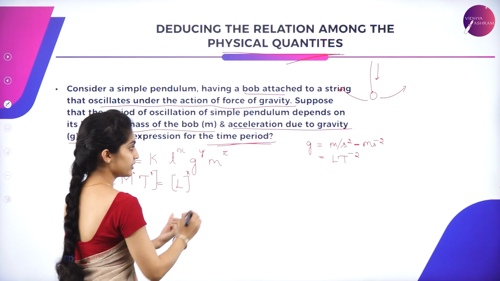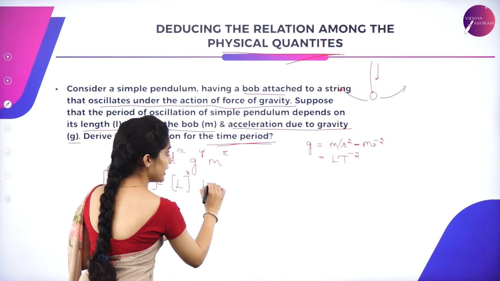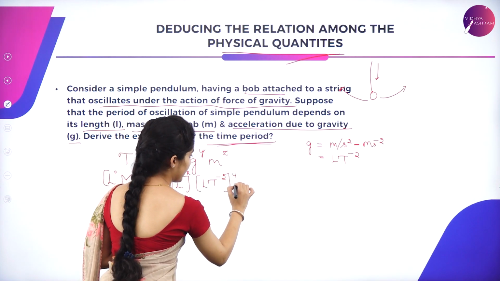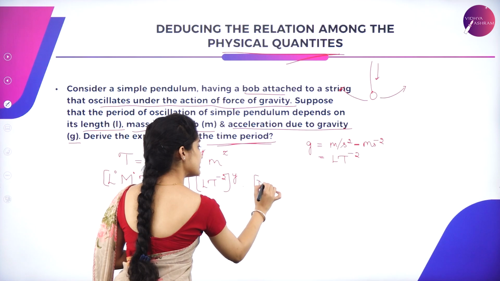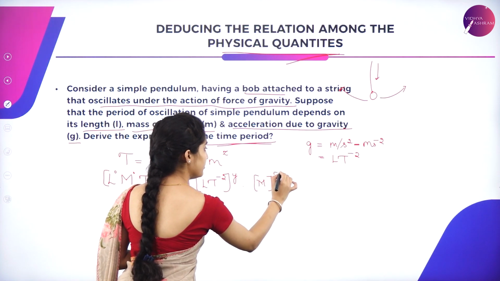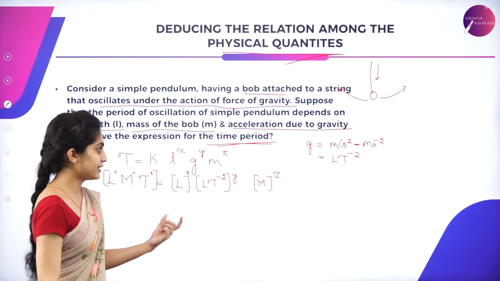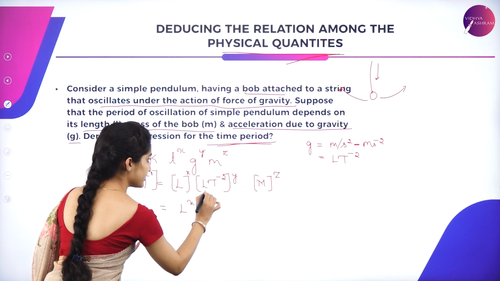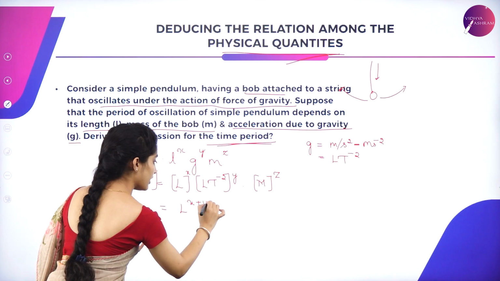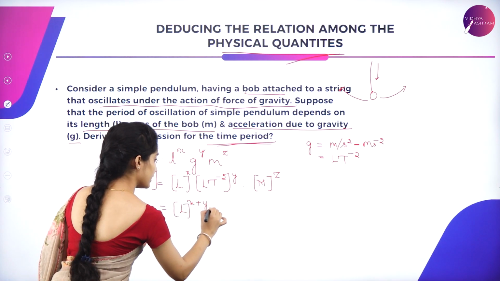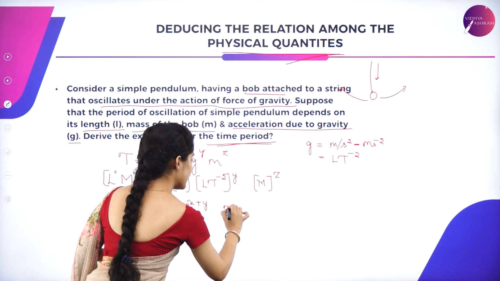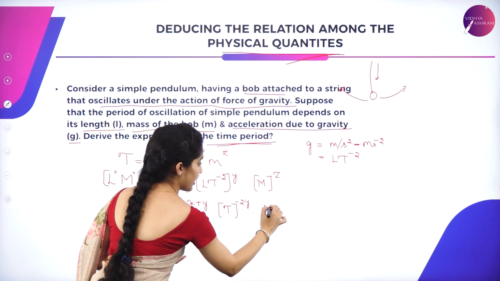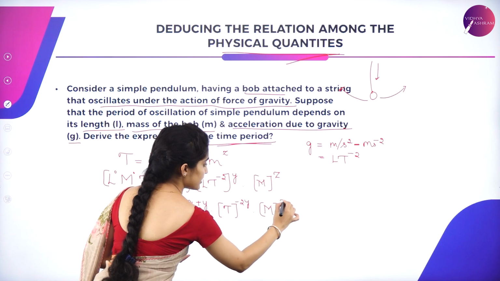So I can get this equation here, that is L, T minus 2 to the power of Y, and my mass is capital M to the power of Z. So now we have got L as x plus y, T as minus 2y, and M as it is, z.